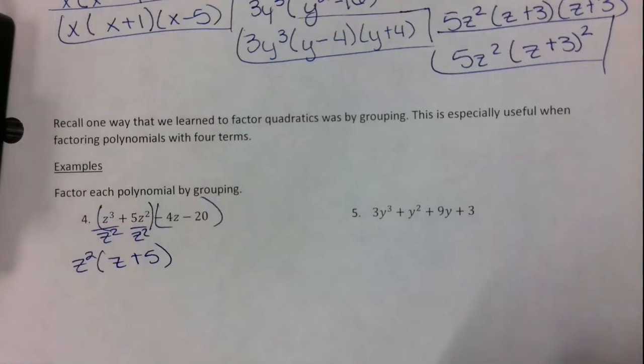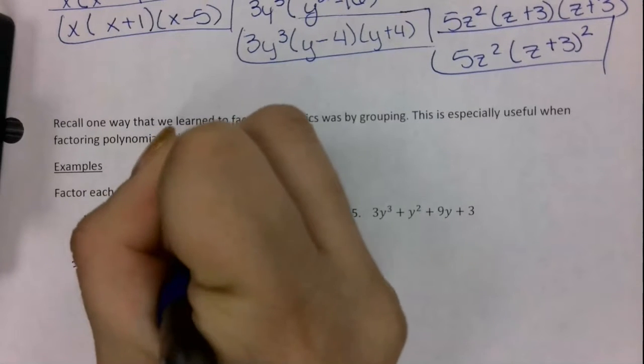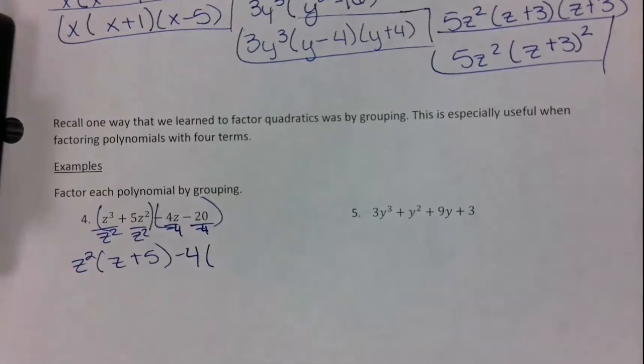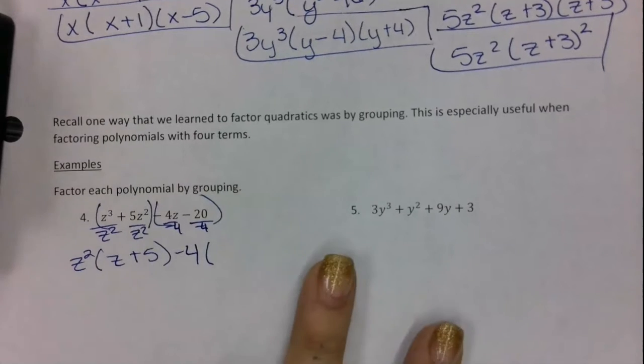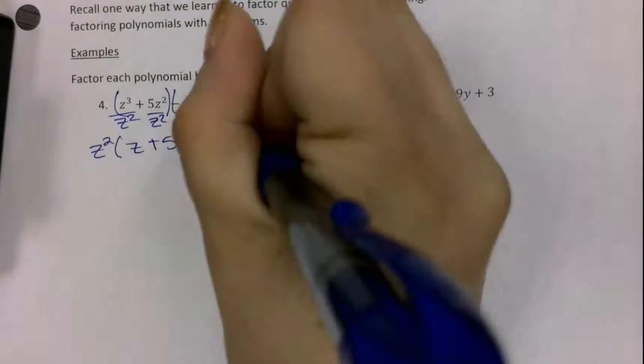And what can I take out of the second set? So I write what I divided by out front, and then what's negative 4z divided by negative 4? Negative 20 divided by negative 4? Positive 5.